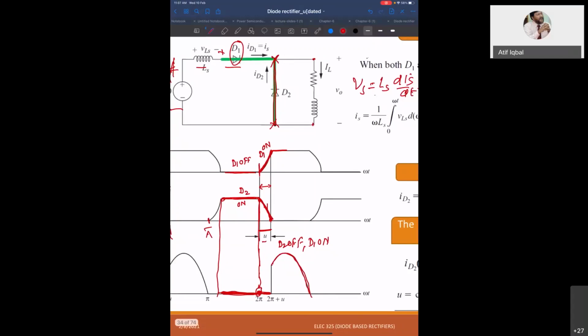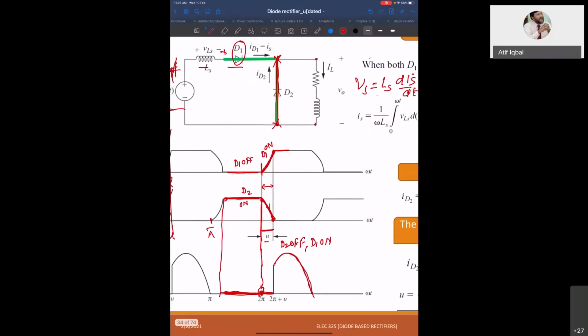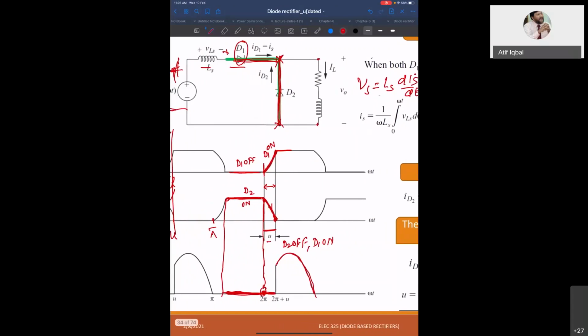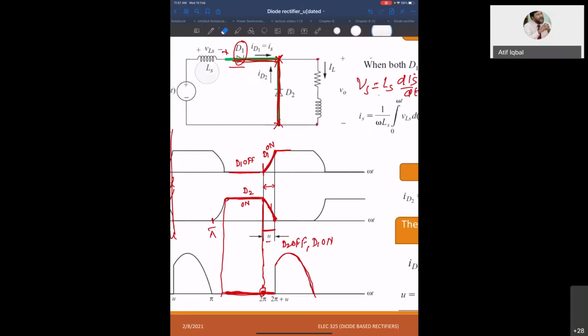So when D1 is on and simultaneously D2 is on, both are simultaneously on. What will be the voltage across the source inductor? It will be the source voltage.